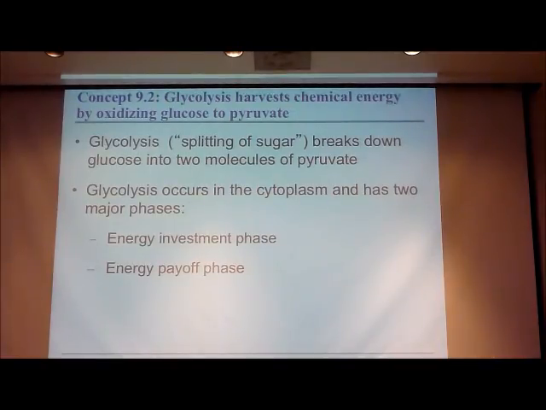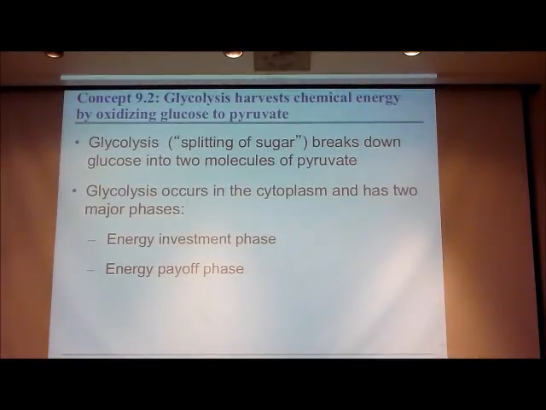Two identical molecules of pyruvate. Now how many carbons does glucose have? 6. Okay, so if we're making two pyruvate molecules, we're not losing any carbon during this process. How many carbons are in each of those pyruvates? 3. Okay? So remember, we're making two pyruvate molecules.